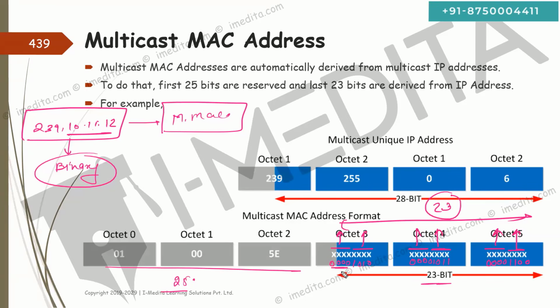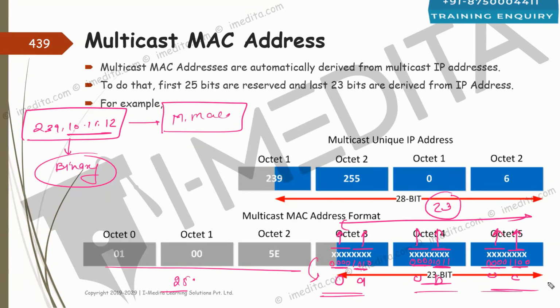So now 4, 0, 4, A, 4, 0, 4 here is B, 4, 0, and 4 here is C. This is how we convert from binary to hexadecimal, and then write down the multicast MAC address respectively. Multicast MAC is automatically derived with the help of the multicast IP.